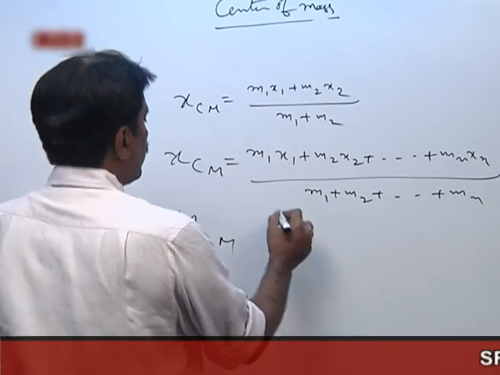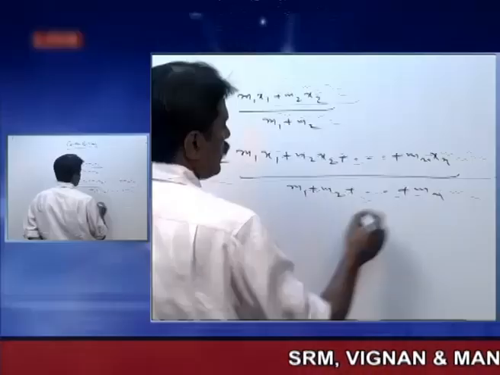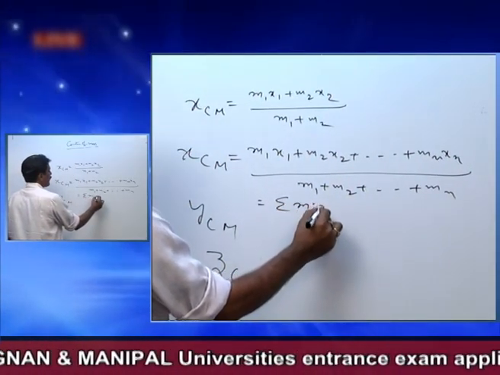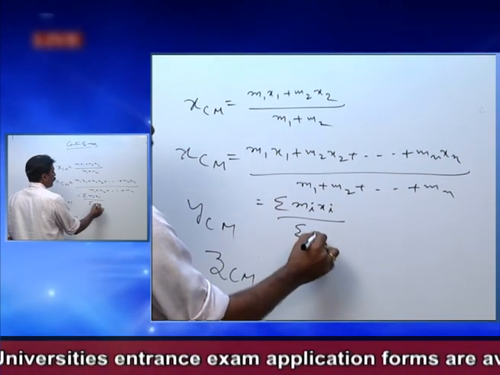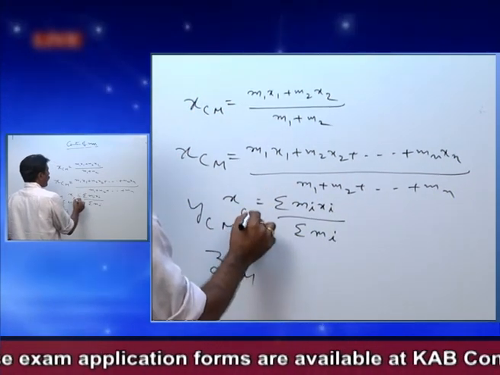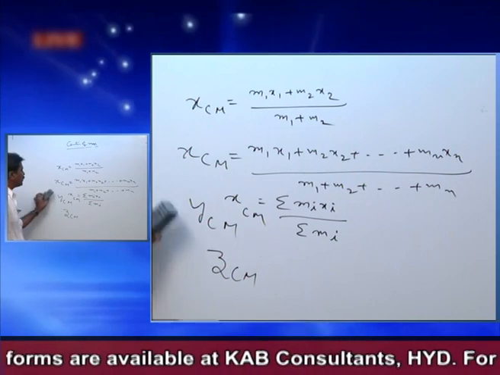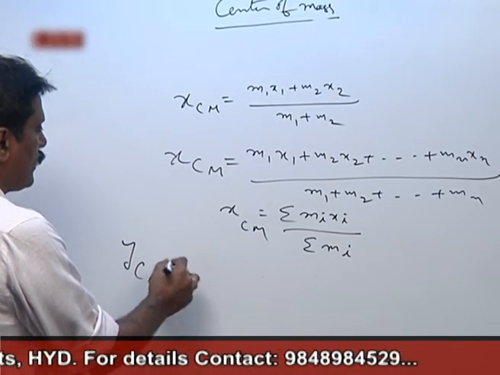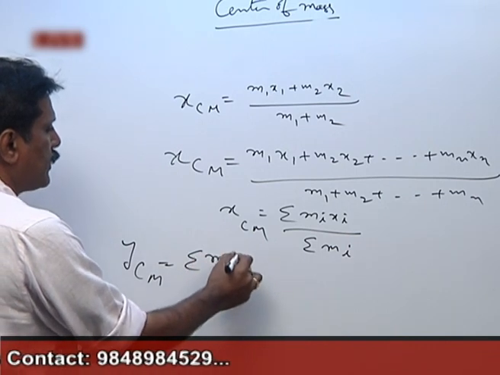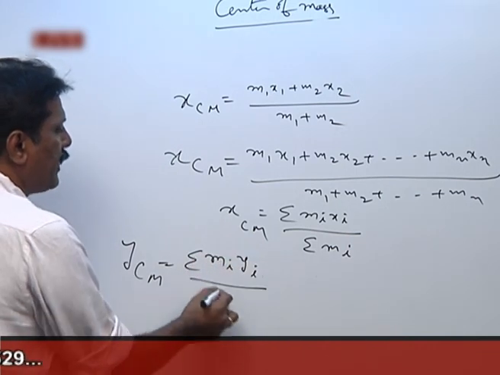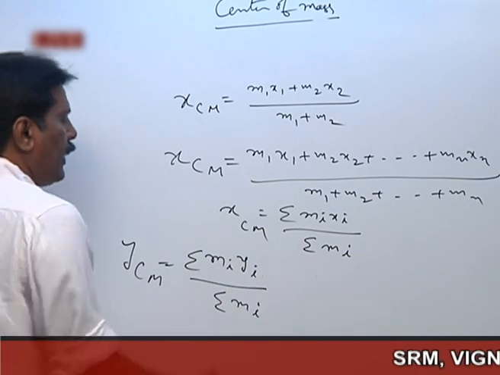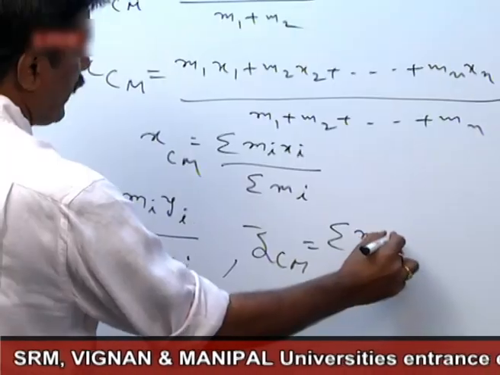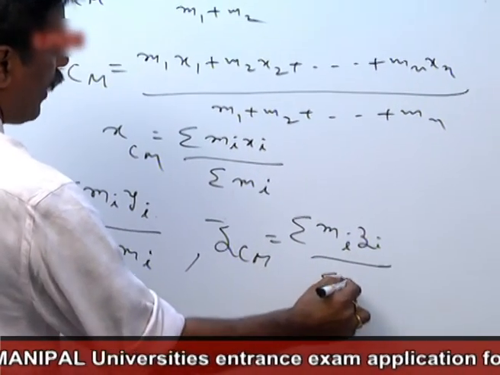This can be written as sigma mi xi by sigma mi. So, x center of mass is this, y center of mass will similarly be written as sigma mi yi by sigma mi, and z center of mass will be equal to sigma mi zi by sigma mi.